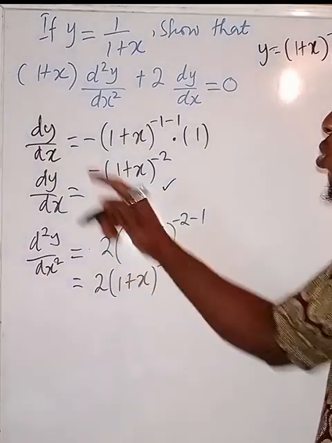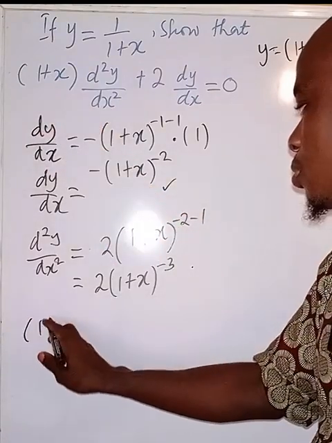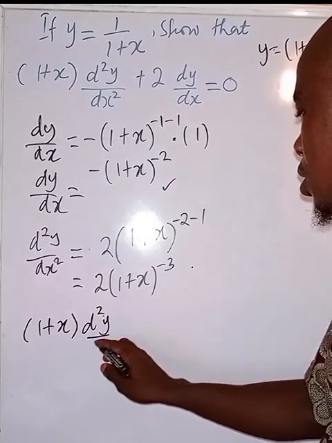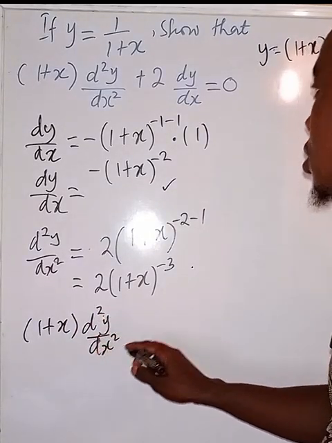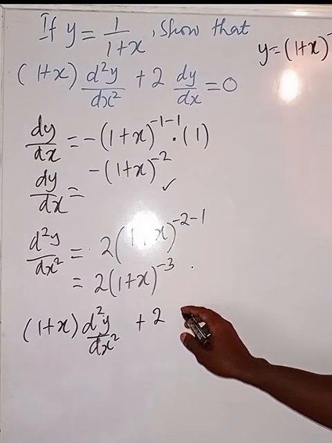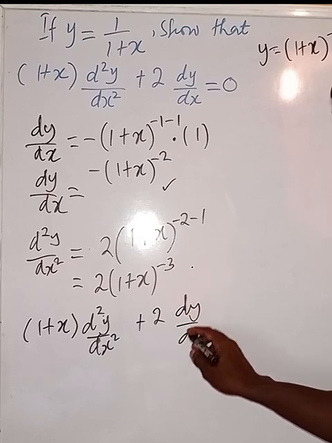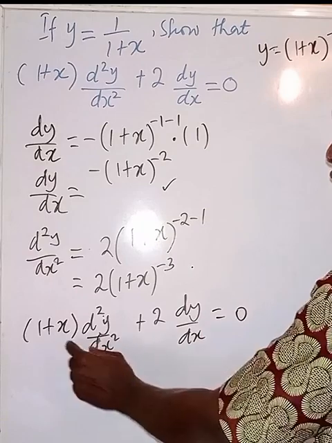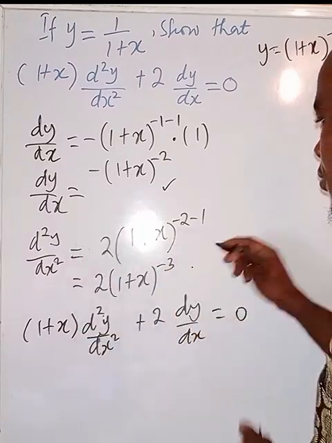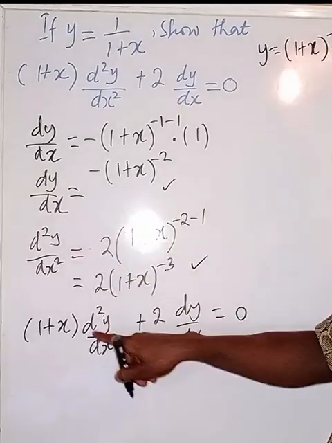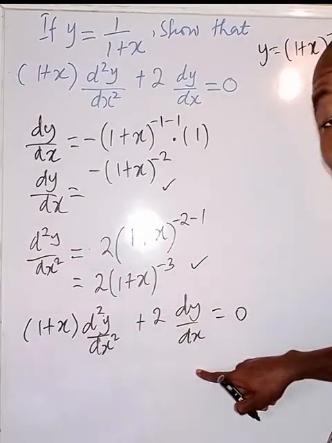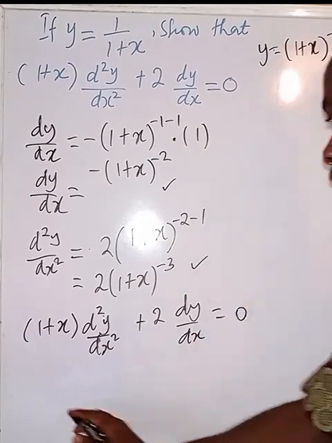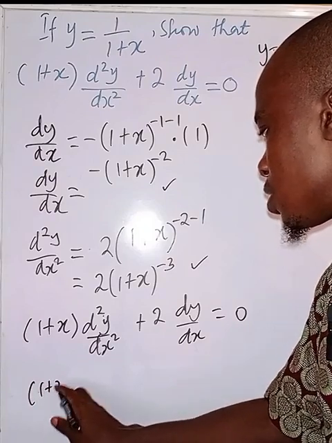So now what we need to do is that we come here: (1 plus x) d squared y dx squared plus 2 dy dx then equals 0. So now we want to see that if we plug in this and this, dy dx and d squared y dx squared, what is it going to give us? So I'm going to be having 1 plus x.